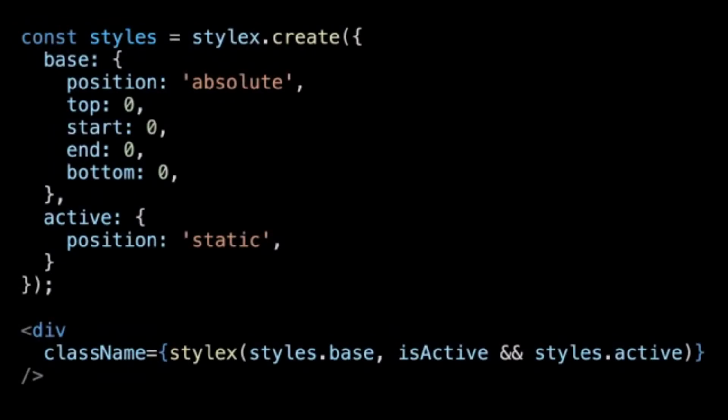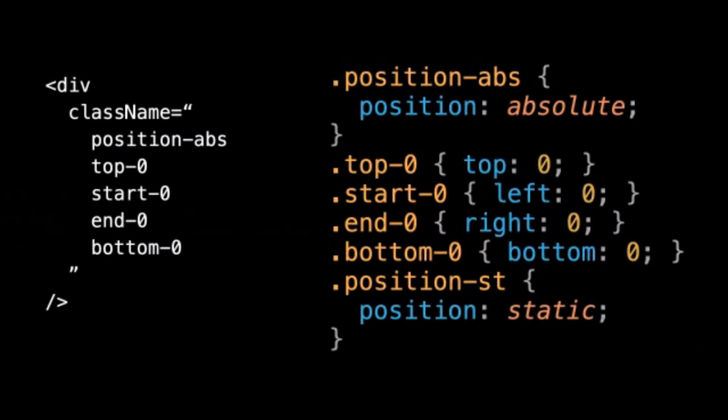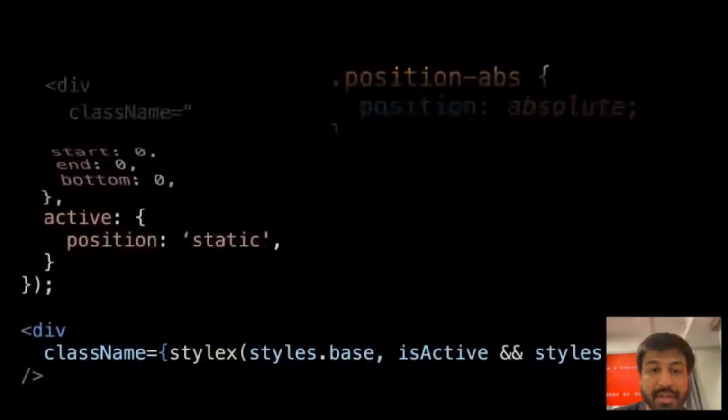This simple example generates the following HTML and CSS. There is a simple div on the left with a list of class names, and the generated CSS on the right with one class name for each style. We'll dig more into atomic styles later, so for now, let's go back to the code that you would write.